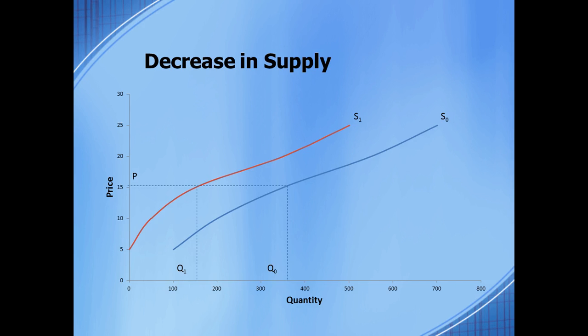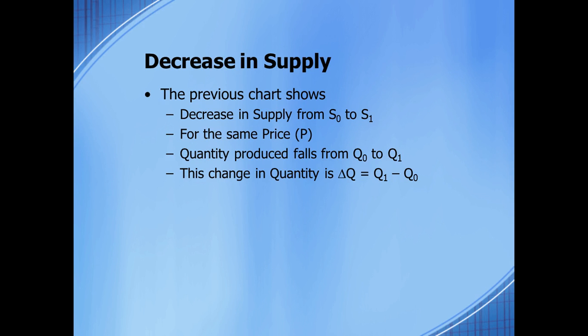The supply now decreases, and Q1 represents the quantity supplied on the new supply curve, S1. You can see the leftwards decrease to around 175 units. So the quantity supplied decreases at the same price, because the suppliers are prepared to sell less of that product because they're making less money on it.